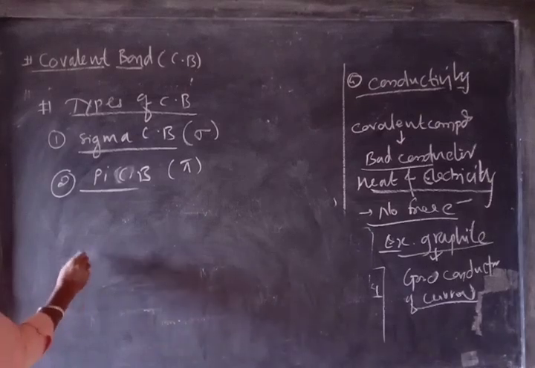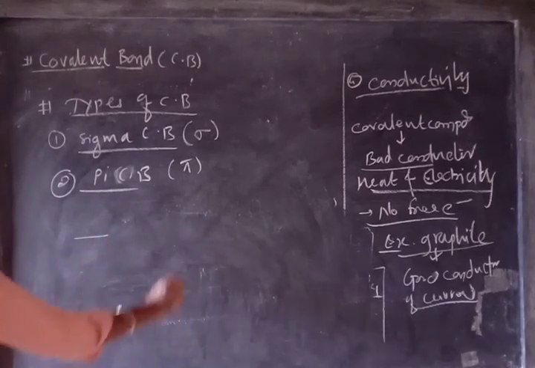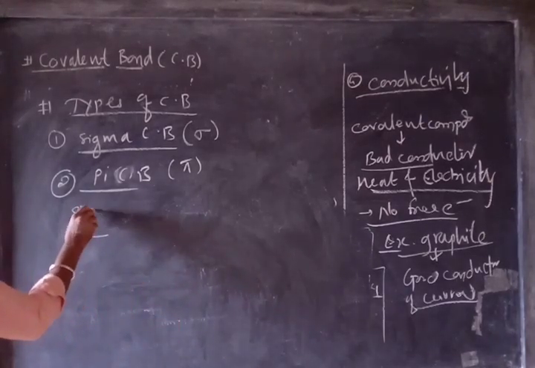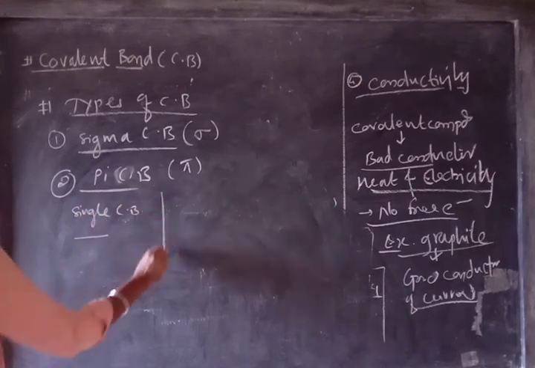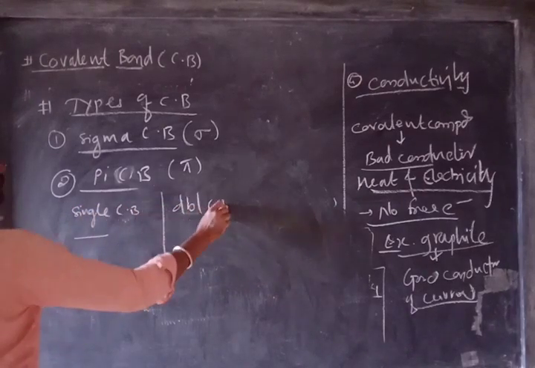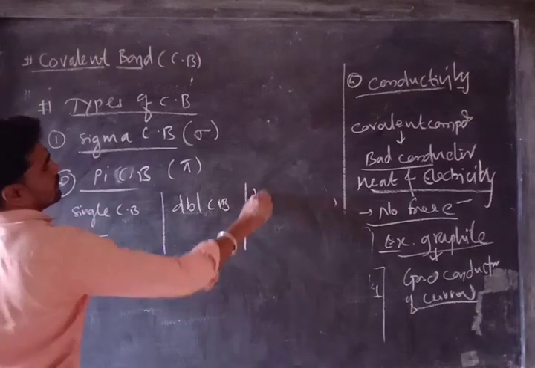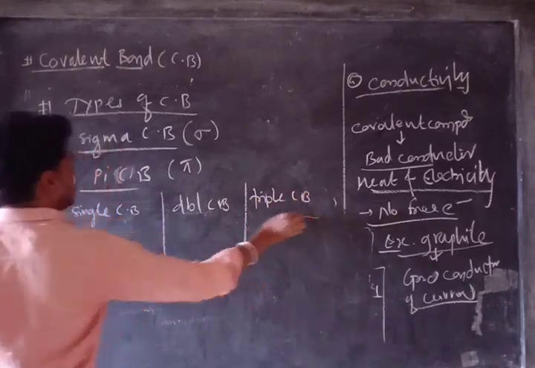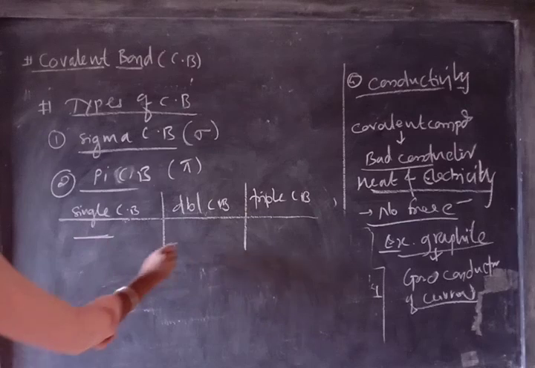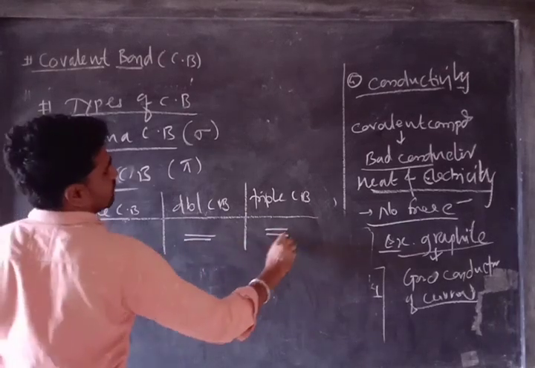Here we have a single covalent bond, here is a double covalent bond, and there is a triple covalent bond.